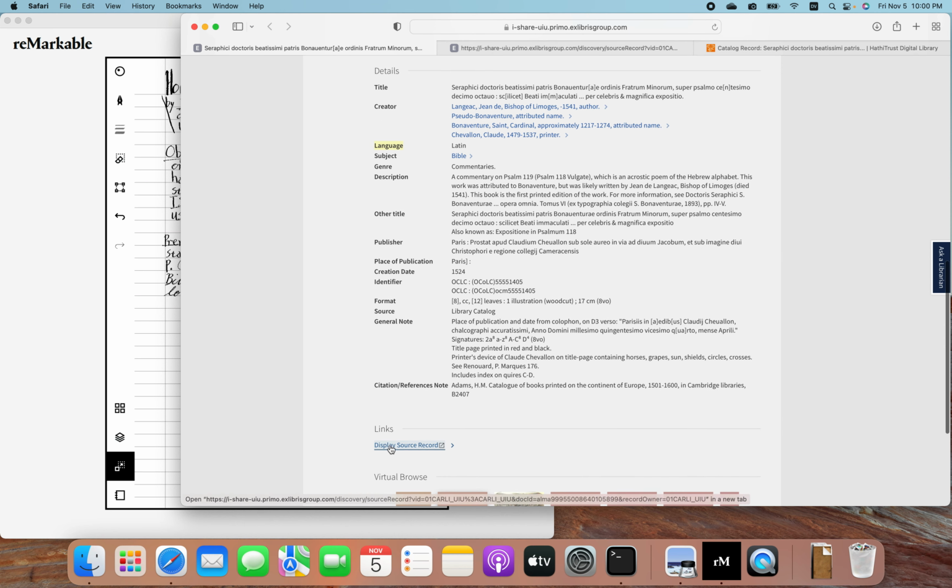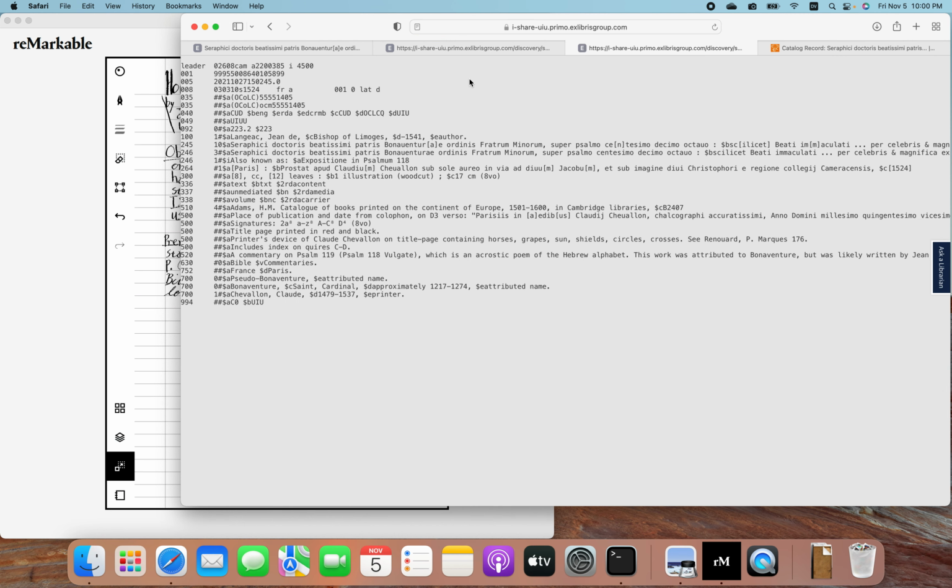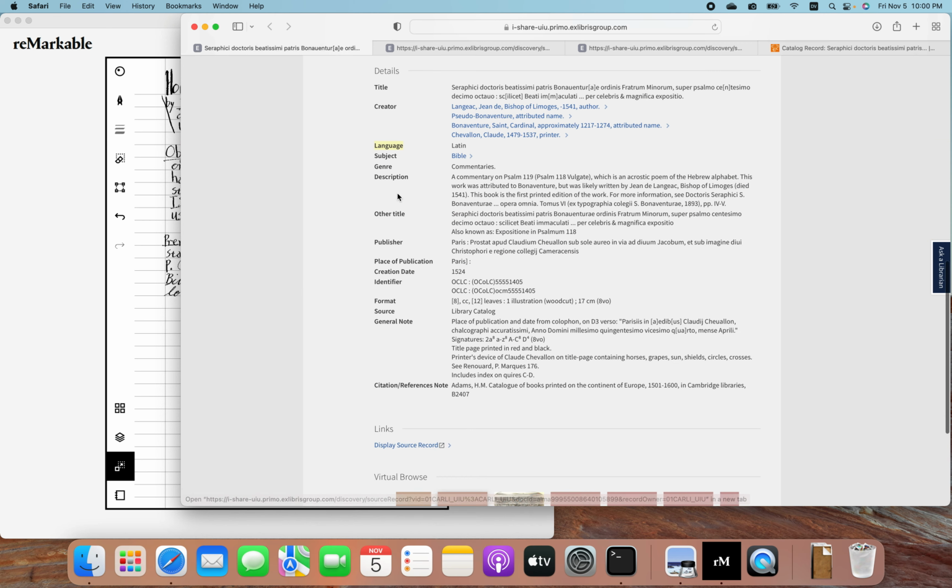But if you click Display Source Record on anything, at least in UIUC's catalog, you can see what the cataloger sees. And this is actually more precise. Sometimes you lose some information by going to the nice view, and that's why they let you see the source record. But today we're going to go from basically 0 to this record here that I made, like I said, about a week ago.